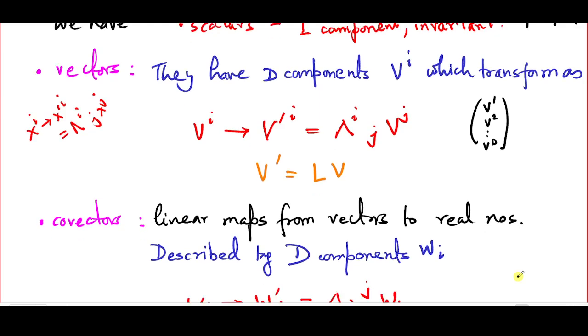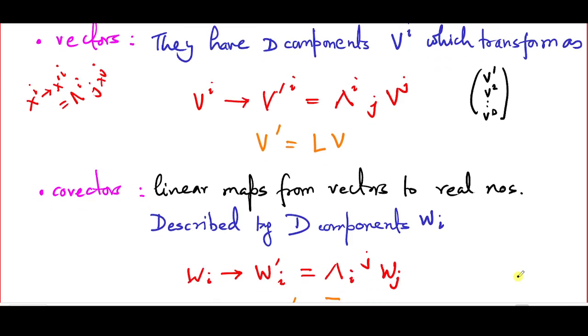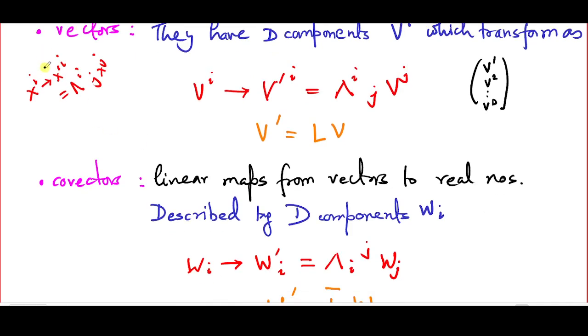Now, the reason why you want to place it in a different place is simply because the transformation rule for covectors, indeed the reason why you call it a different kind of object in the first place, is different from the transformation rule for vectors. So under the same coordinate transformation, xi going over to x prime i equals lambda ij xj, wi goes over to w prime i, which is given by something which looks very similar but is actually different.